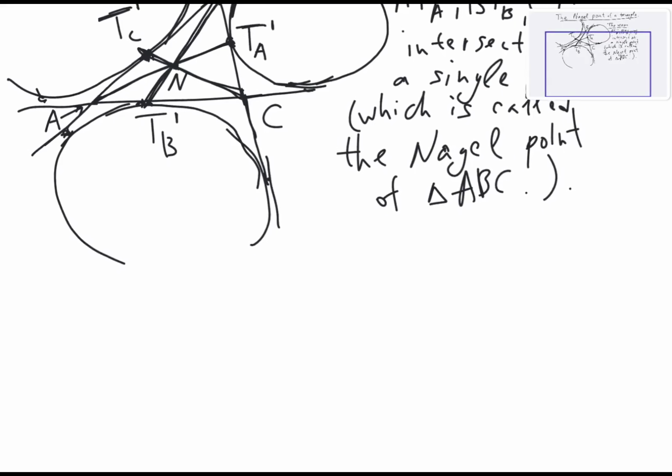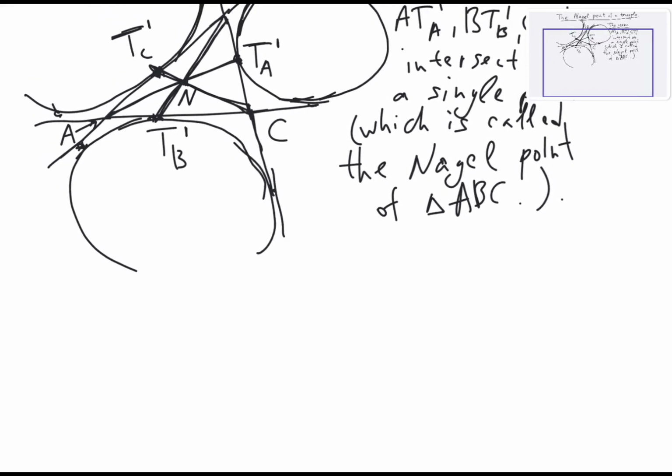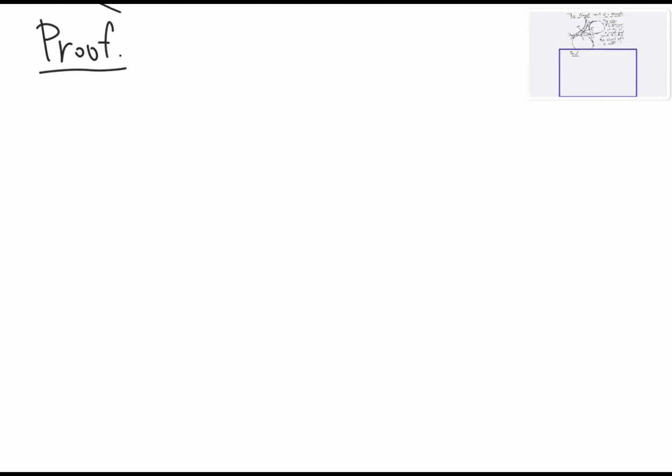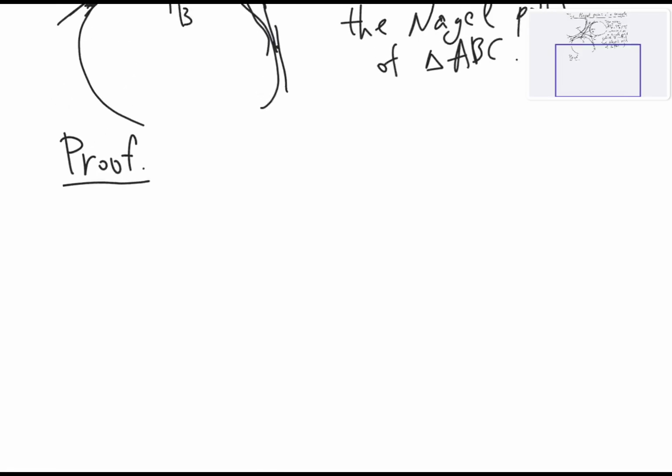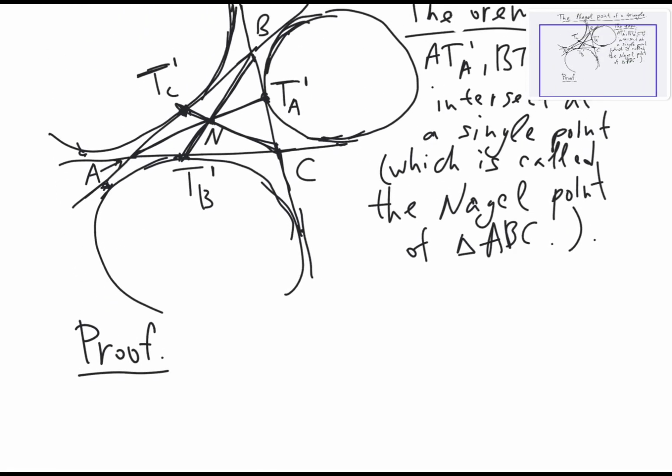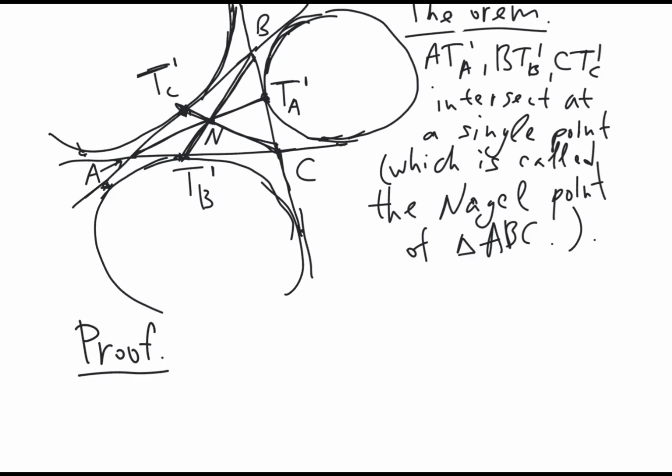So to prove this, we'll need a property that I actually also proved in one of the previous videos. The property that we will need connects the lengths of the tangents from the vertices to these tangency points, these segments.